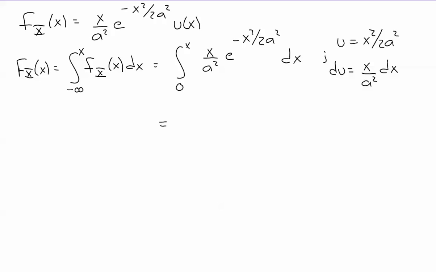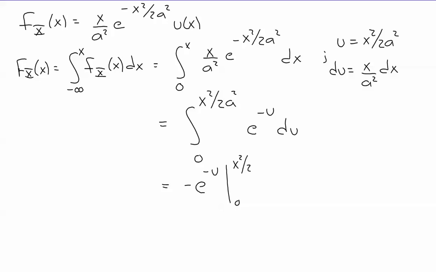This gives me integral from 0 to x squared over 2a squared e to the minus u du, and that's negative e to the minus u evaluated from 0 to x squared over 2a squared, and this is 1 minus e to the negative x squared over 2a squared.